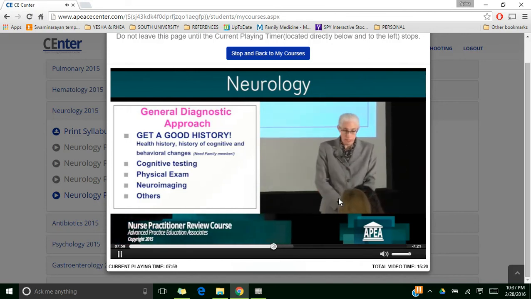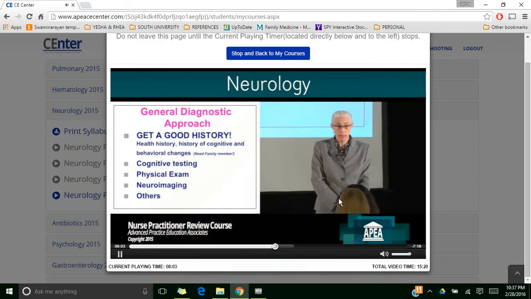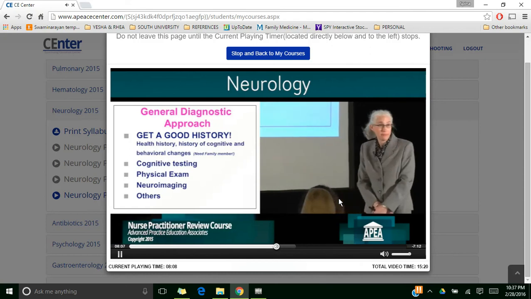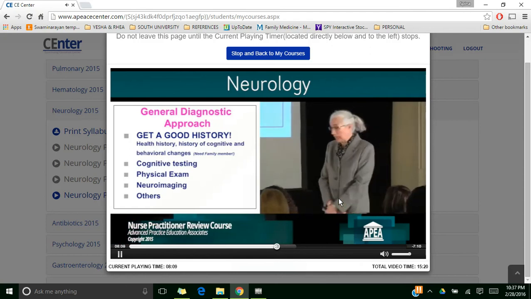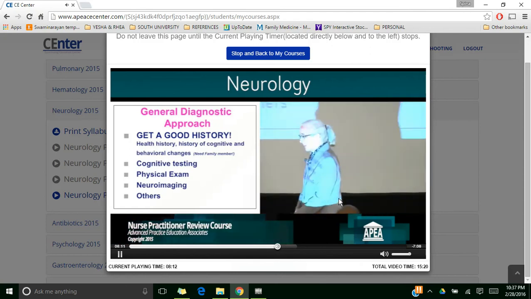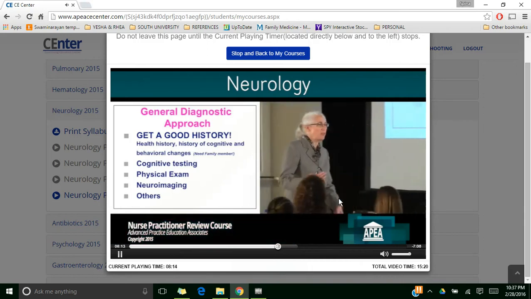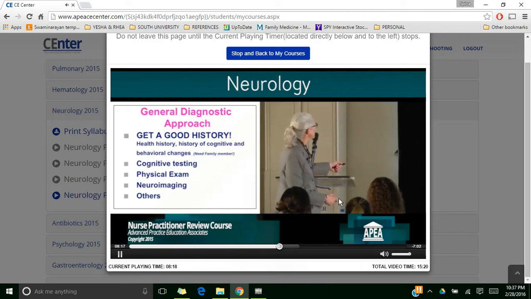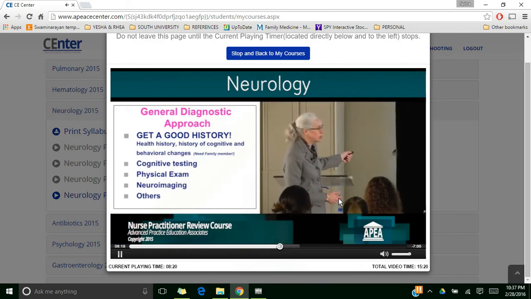You've got to do a good head-to-toe physical exam, looking for things that I've indicated up here. Are there any neurodeficits and anything about this patient that makes me think that they are that 1 in 5 who has some reversible cause? And then you need to do what I call Amelie's brown bag test. The brown bag test is, let me see what medicines you're on.